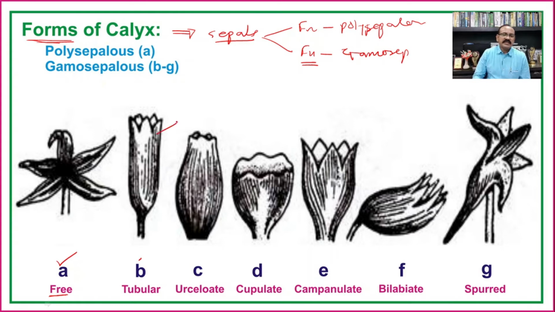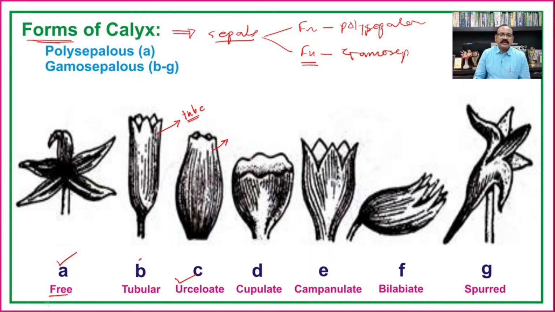In this diagram, B, all the sepals present are responsible for the formation of a tube, and hence it is known as tubular calyx. But in some cases there is a dilated tube in the middle, which again becomes narrow towards the apex, and such a calyx shape formed after the fusion of sepals is known as urceolate.